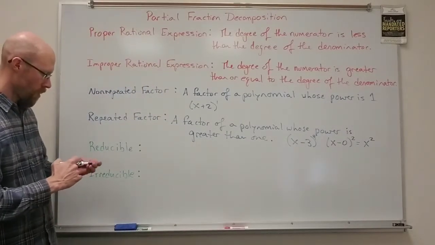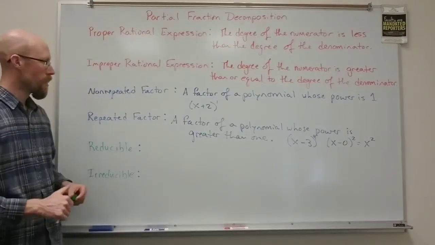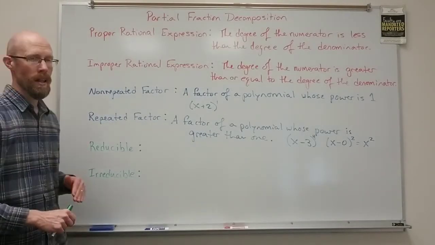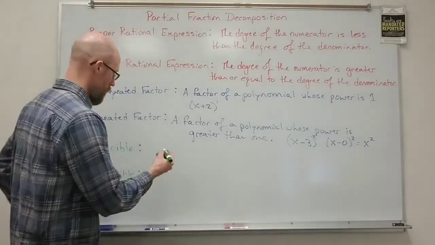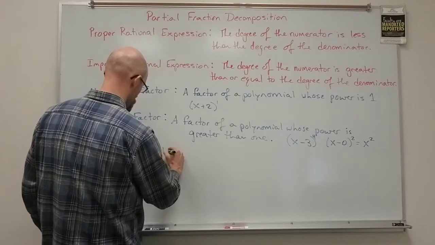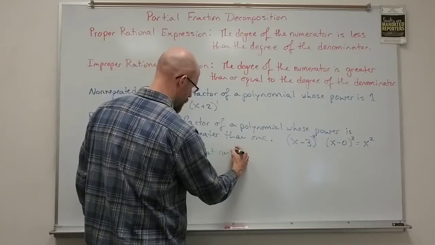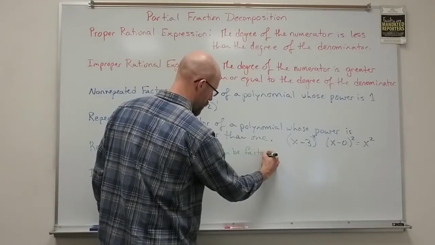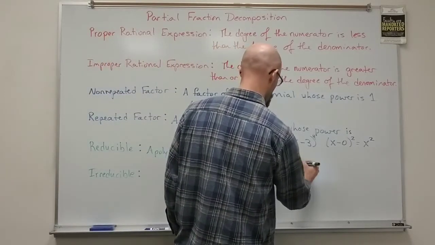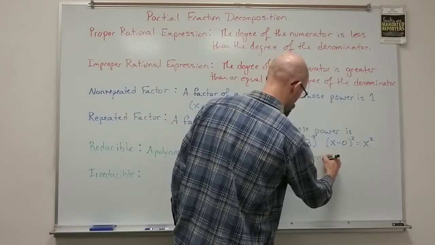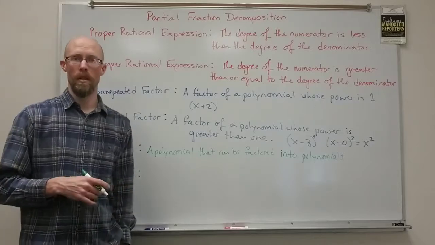The next set of definitions is reducible versus irreducible. A reducible polynomial is one that can be factored into smaller polynomials, polynomials with lesser degree.